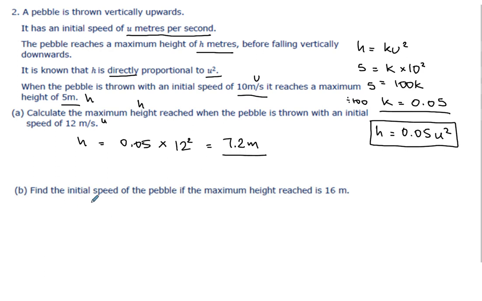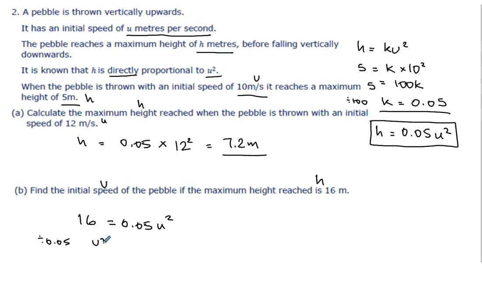It says find the initial speed, so find u when h is 16. So we've got 16 equals 0.05 u squared. We'll divide by 0.05.